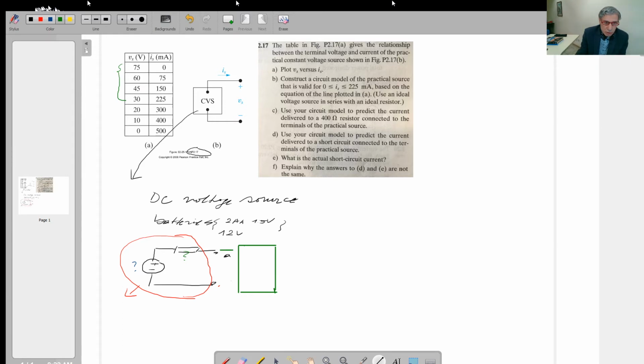If I connect this to this one, I know this IS, and I know the VS as well. So this VS and this IS, and let me complete this connection as well. So this is like that, and this is like that.